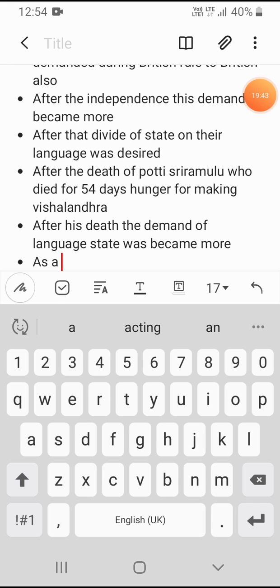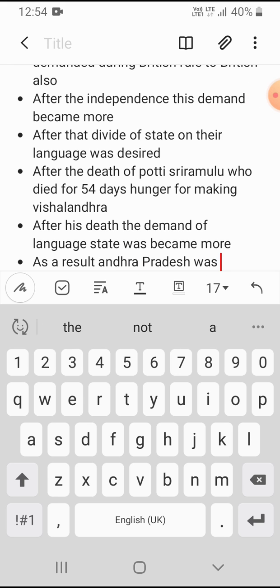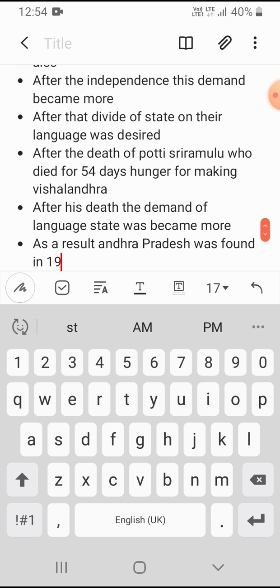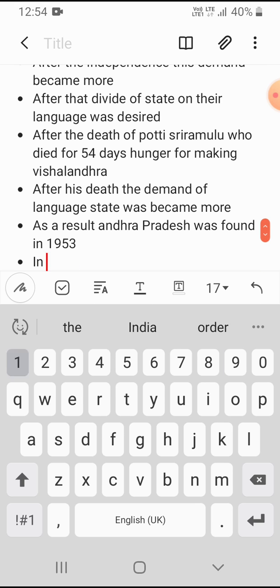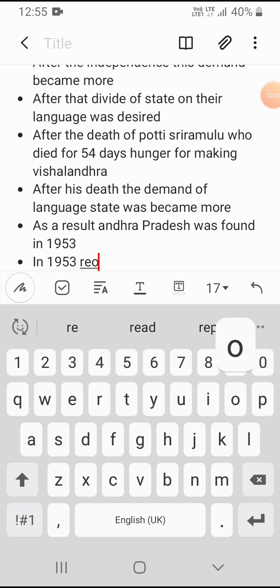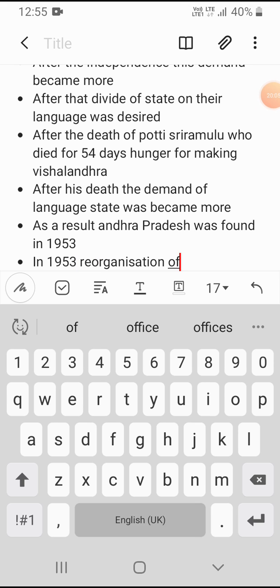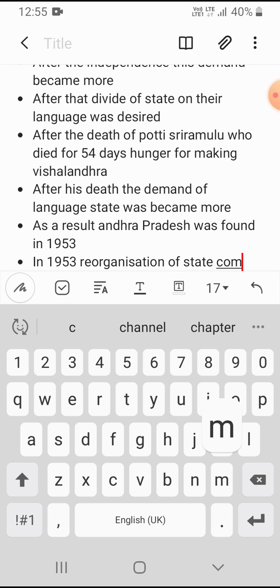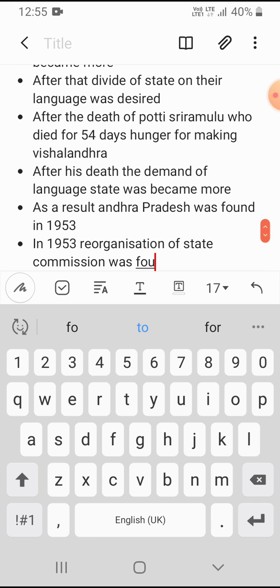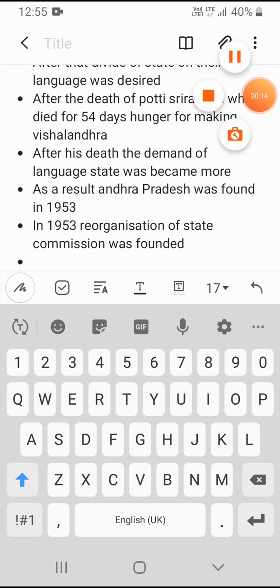As a result, Andhra Pradesh was formed in 1953, and in 1953 the States Reorganization Commission was formed.